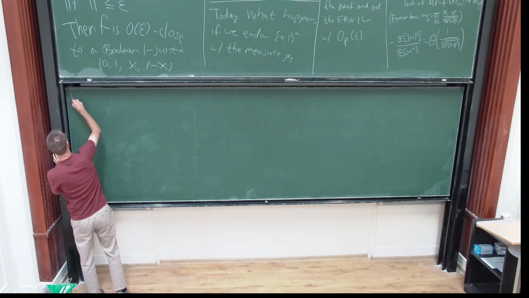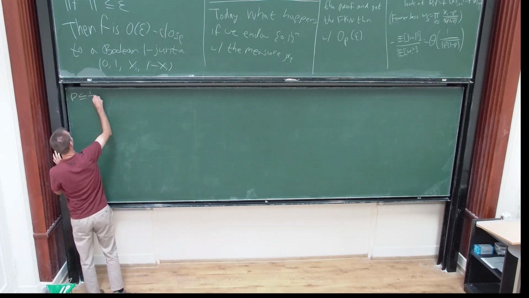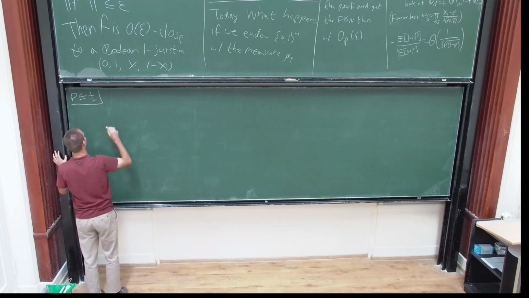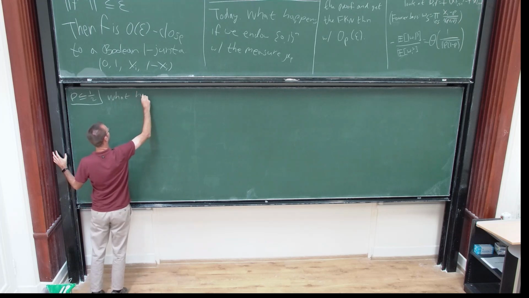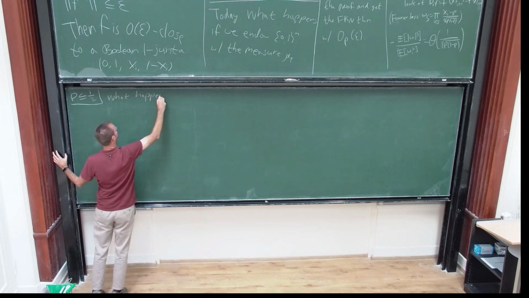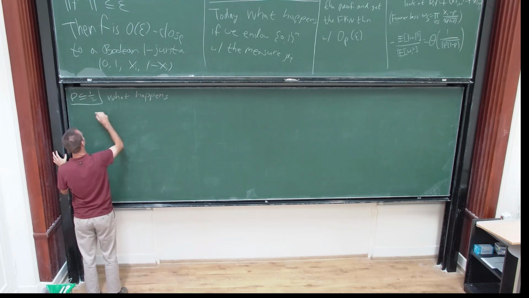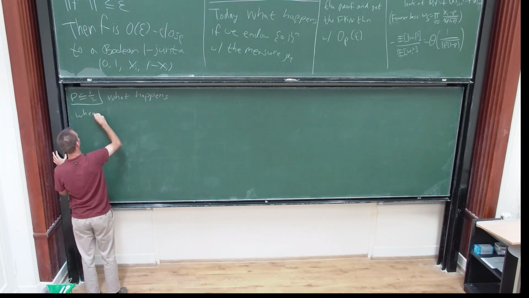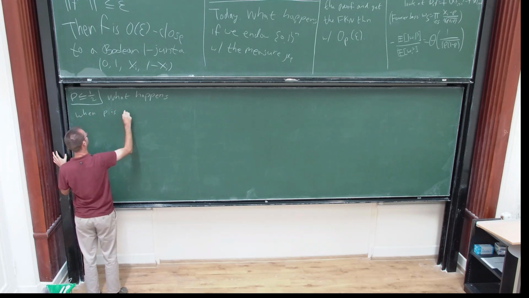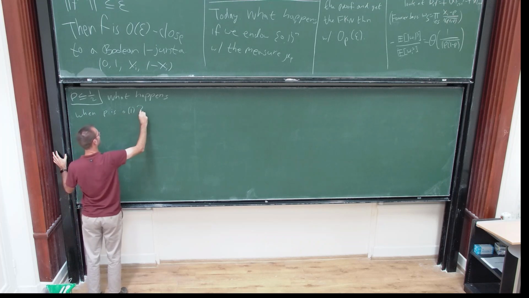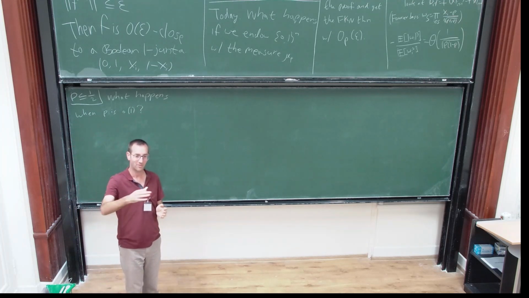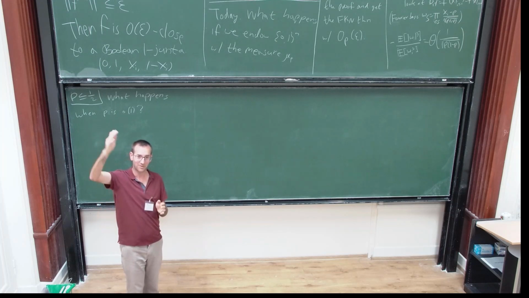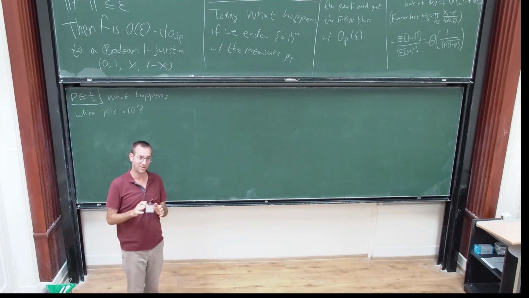Okay, so what happens when p is little o of 1? This means that we're really looking for statements where there's some n in the background which is going to infinity, and p is going to 0 together with n.